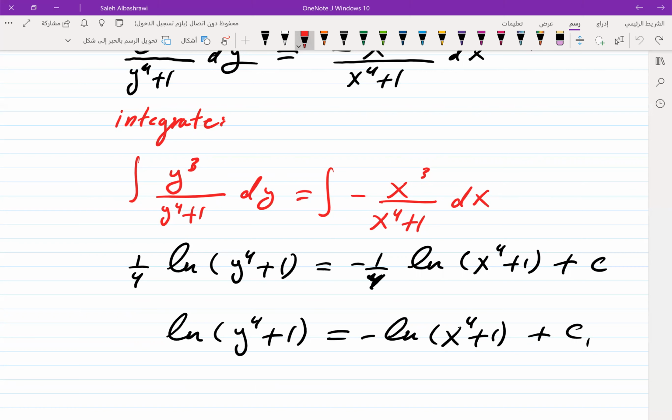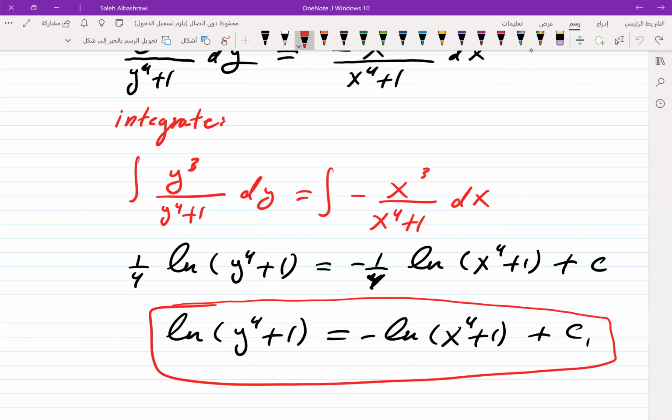We just get rid of the 1/4 by multiplying by 4. So the solution is ln of (y⁴ + 1) equal to minus ln of (x⁴ + 1) plus the constant c1.